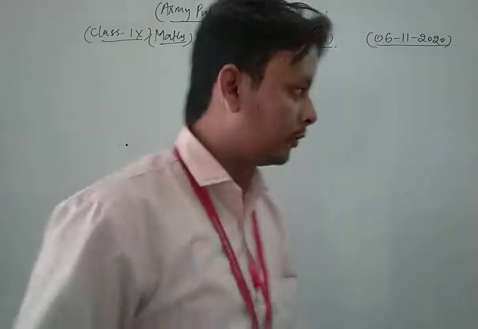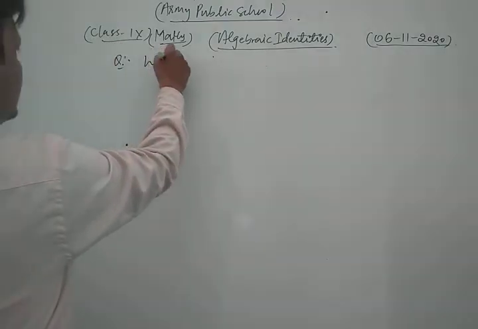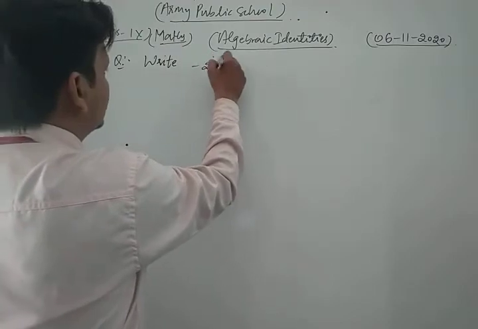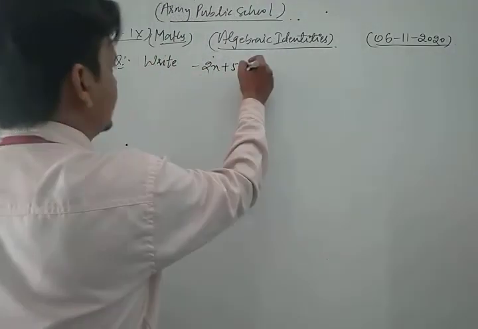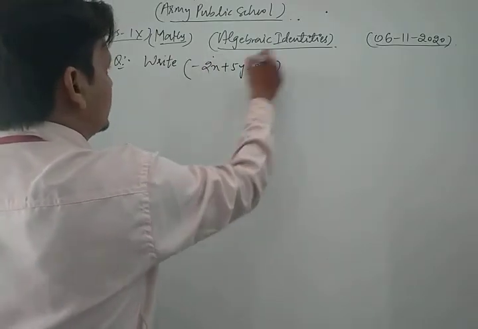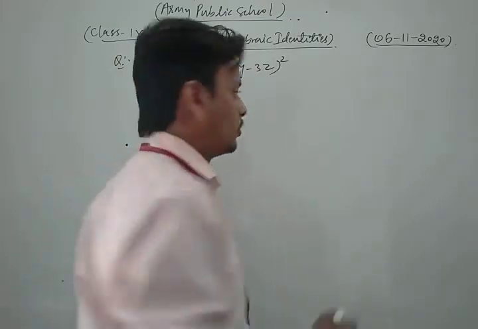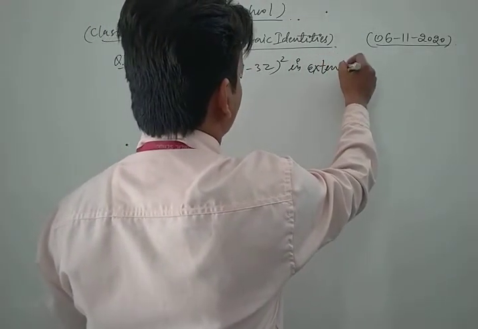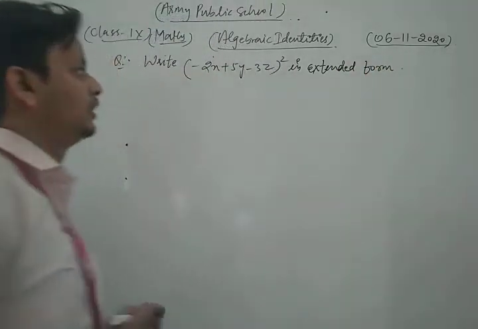Write in expanded form. Dear students, your first question is: write (minus 2x plus 5y minus 3z) whole square in expanded form.